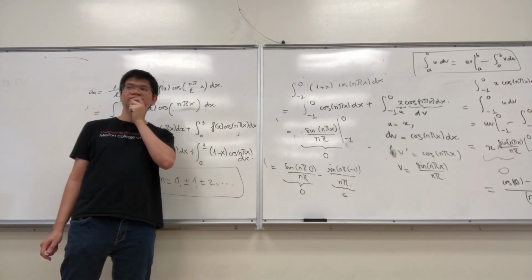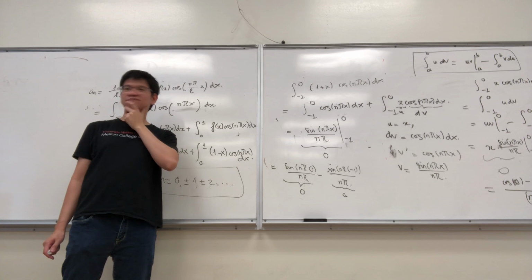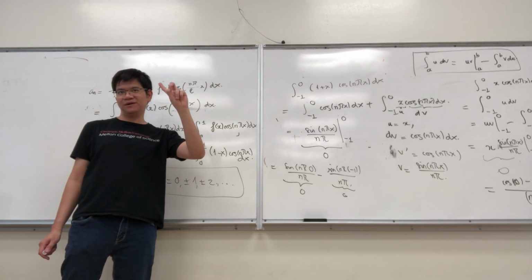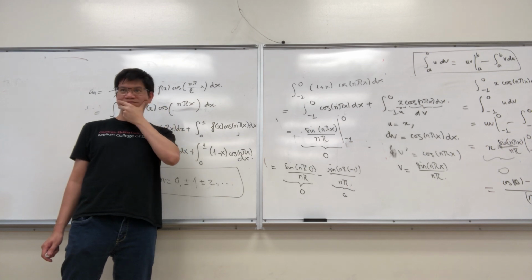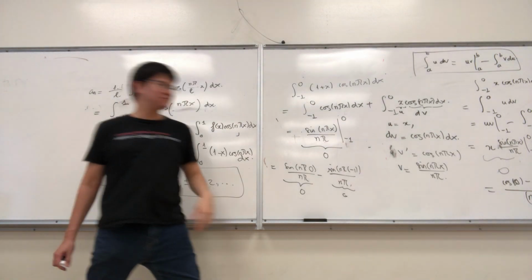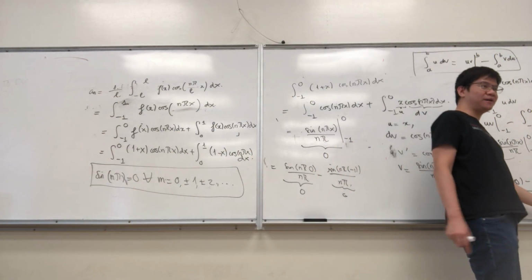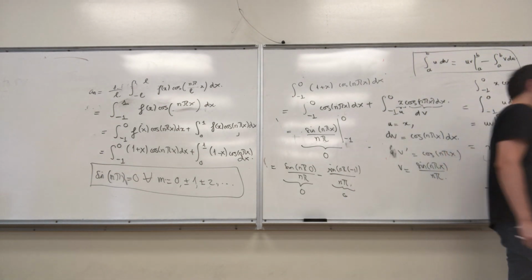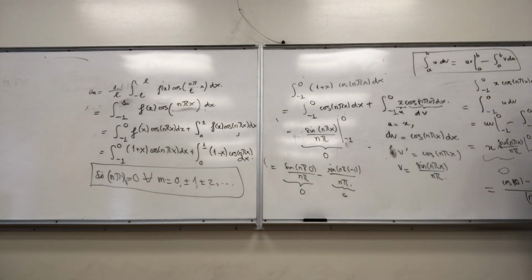Who knows what is cosine of n pi? Negative 1 to the power of n. So cosine of minus n pi and cosine of n pi will be minus 1 to the power n. So this is 1 minus minus 1 to the power n, dividing by n pi squared.